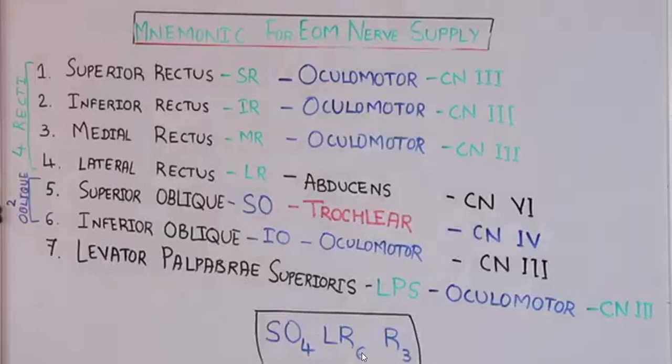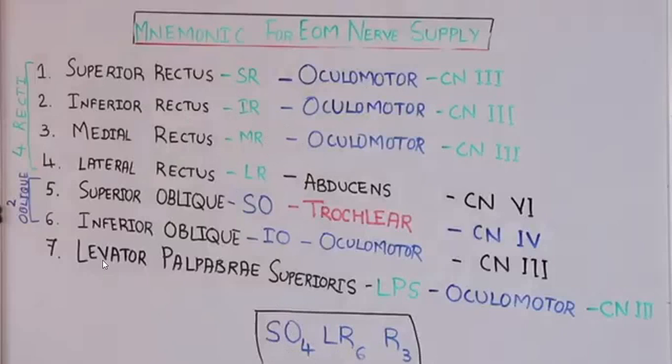LR6, you can remember this. R for the rest of the muscles, and they are supplied by the 3rd nerve, which is the oculomotor nerve, and 3 is shown there. So you can remember this formula and all the nerve supply of the extraocular muscles by it: SO4, LR6 and R3.